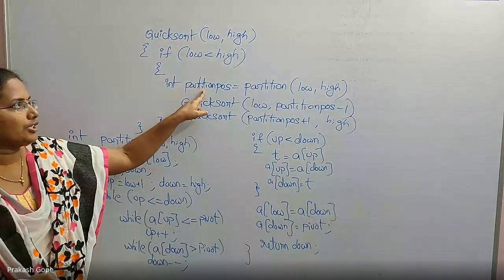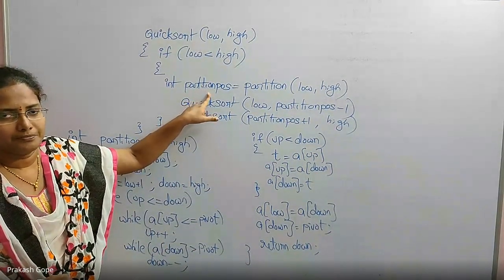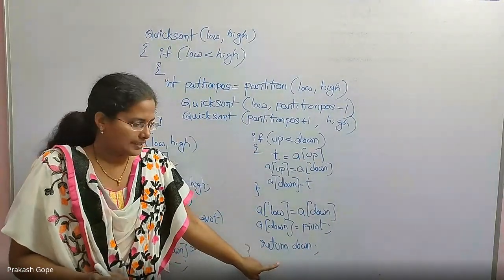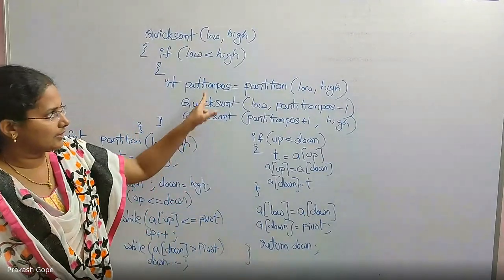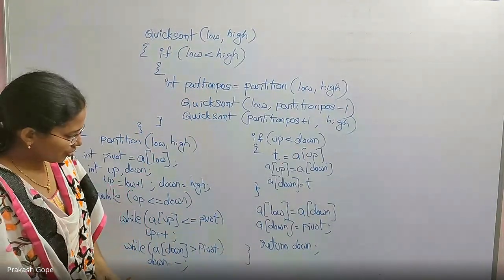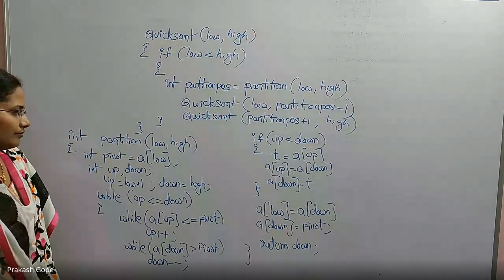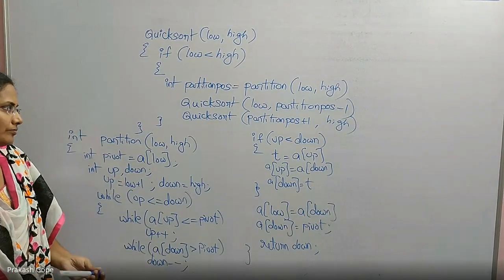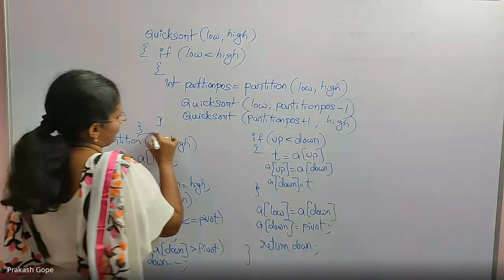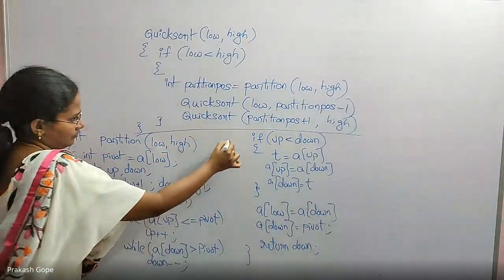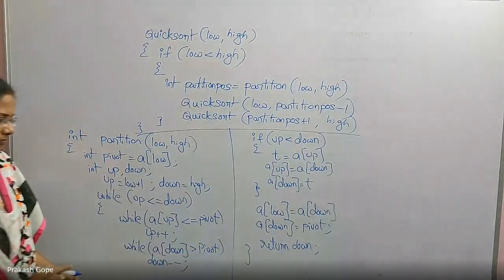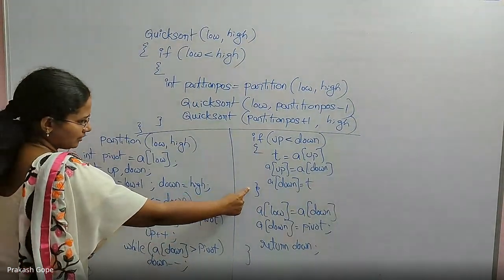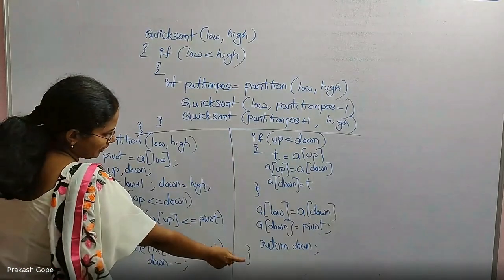And that we are capturing into partition position. Whatever we are returning, the right place of pivot. Pivot has gone and occupied that place. That index is returned. This is quicksort logic. Closing bracket of this is here, and function closing bracket is this one.